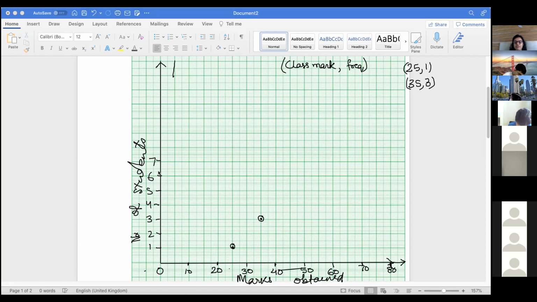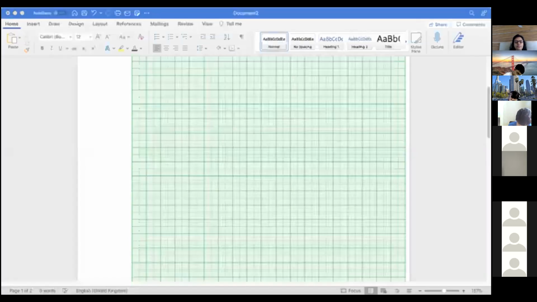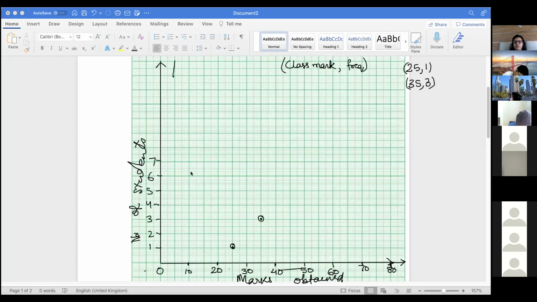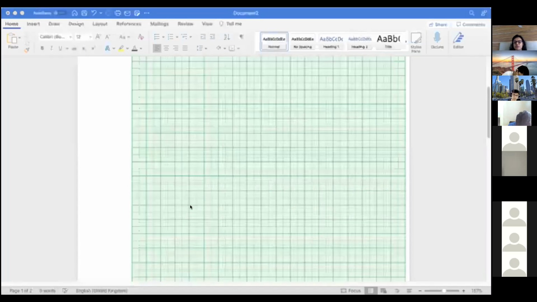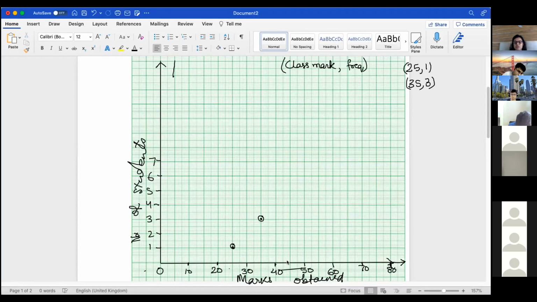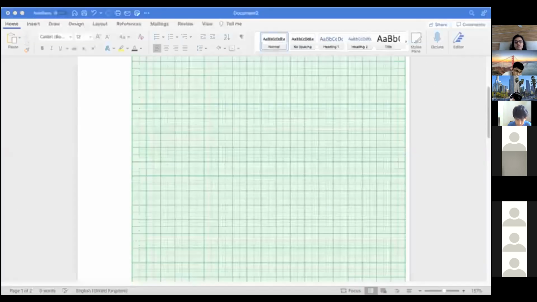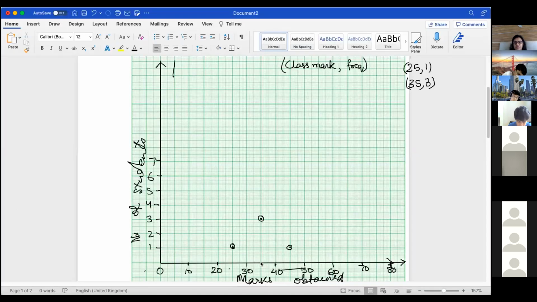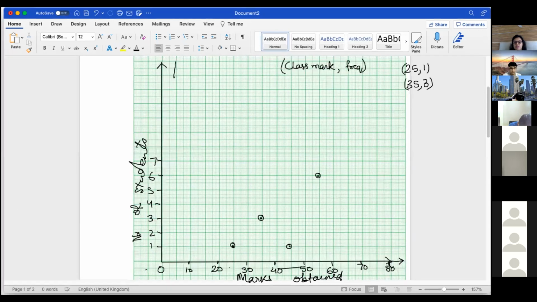Next is 45, 1. At 45 the frequency is 1. So 45, 1. Then 55, 6. This is 6.